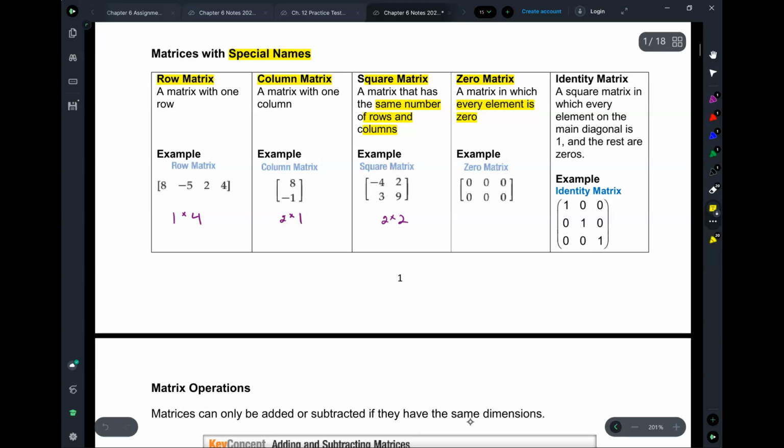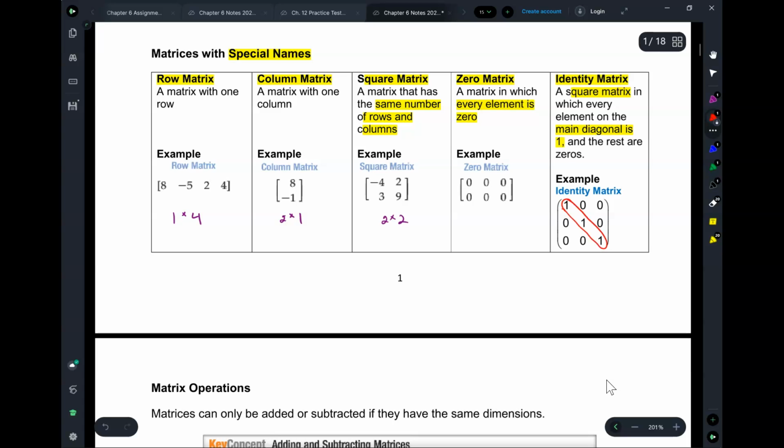Okay, now, the best one of all, an identity matrix, is a square matrix in which every element on the main diagonal is 1. Okay, so what's the main diagonal? You go inside your matrix, the first element, row 1, column 1, that's this one, right? You draw that diagonal all the way through.